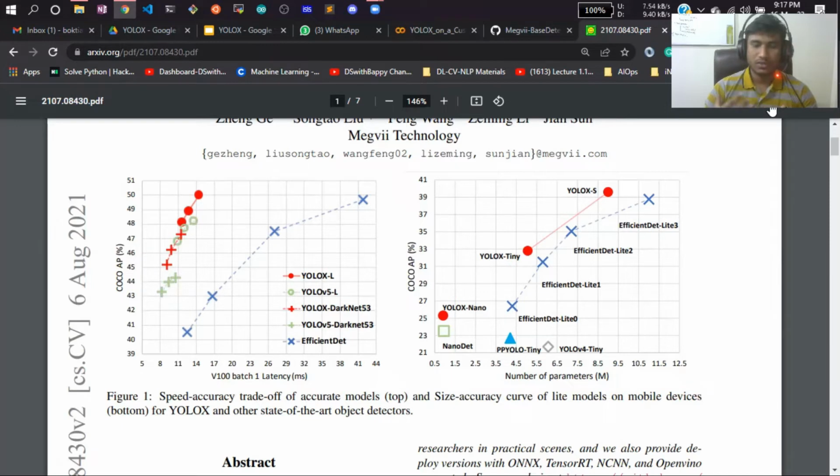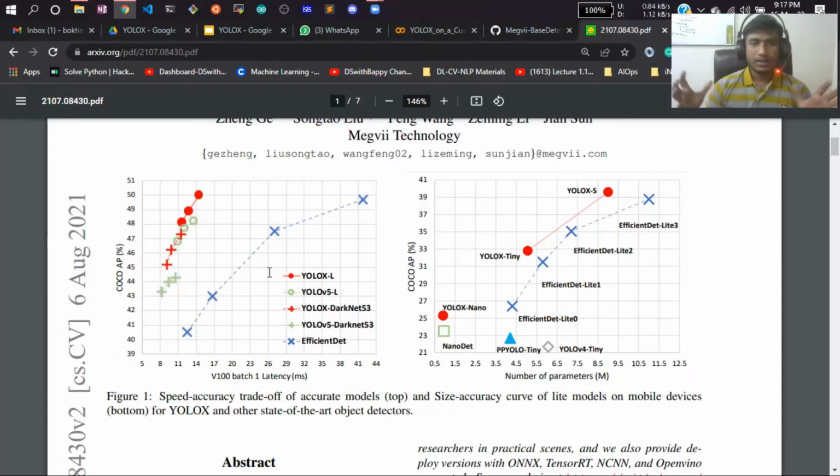If you do the inferencing, it would be very fast. If you see the number of parameters, YOLOX has fewer parameters, and the average precision score is also high. Compared to other models, the parameters are fewer, but the average precision is high.